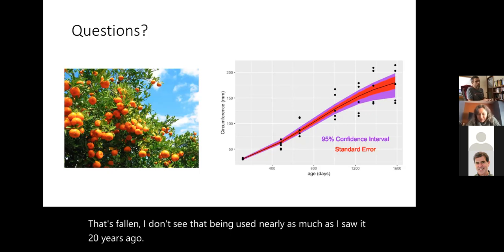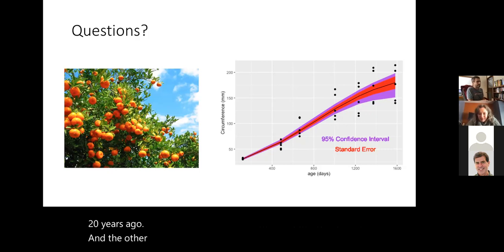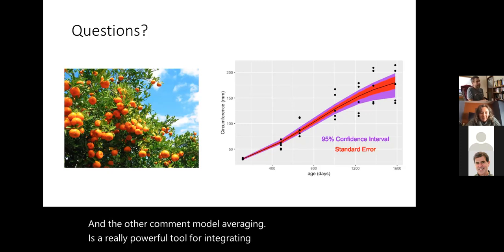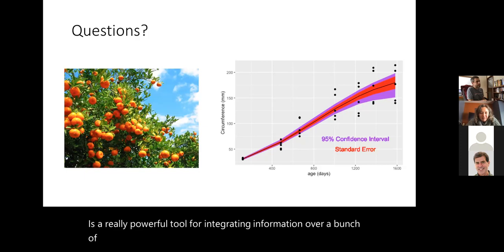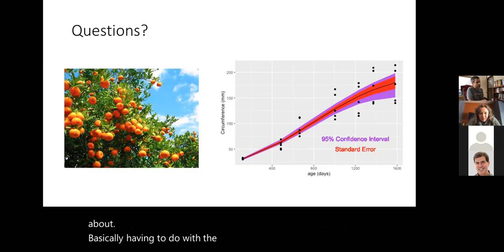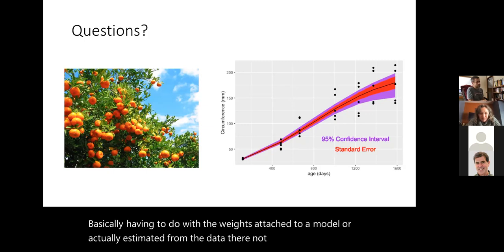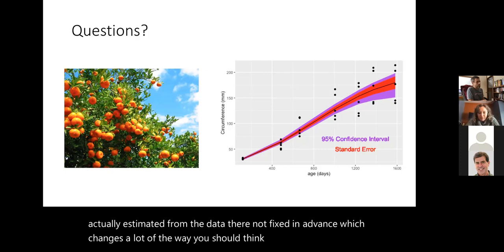And the other comment: model averaging is a really powerful tool for integrating information over a bunch of models. There are a couple of subtle issues that we can talk about, basically having to do with the weights attached to a model being estimated from the data. They're not fixed in advance, which changes a lot of the way you should think about weighting different answers.